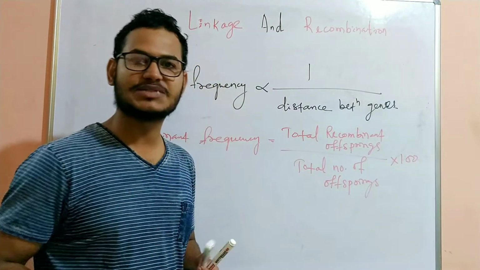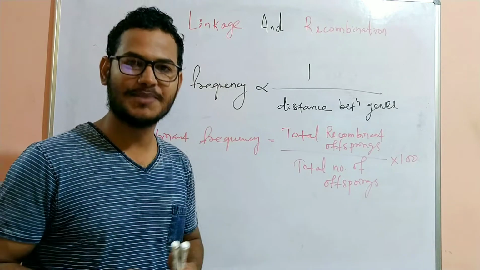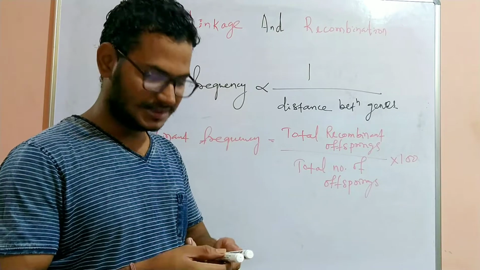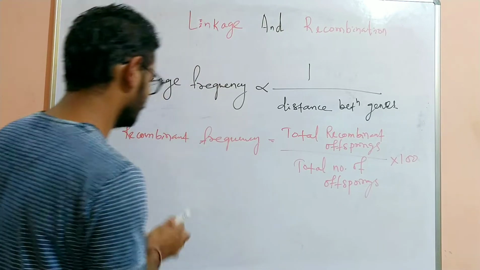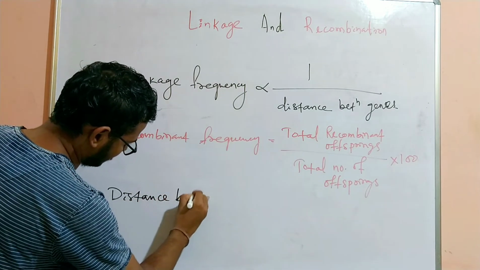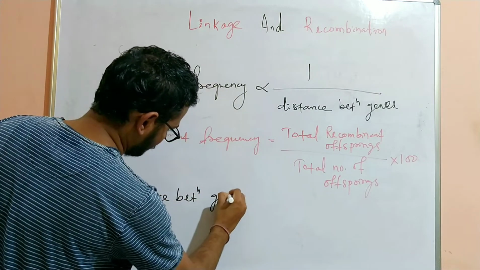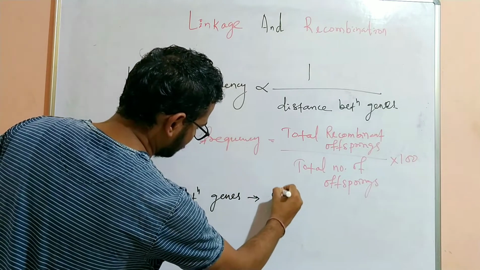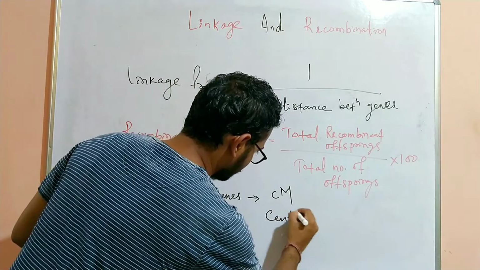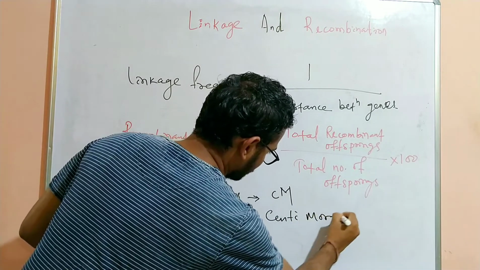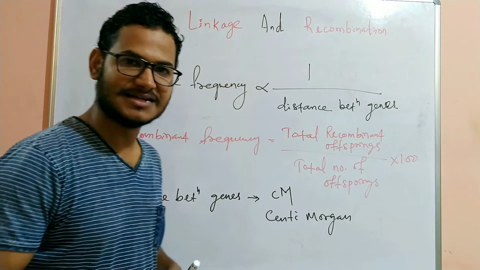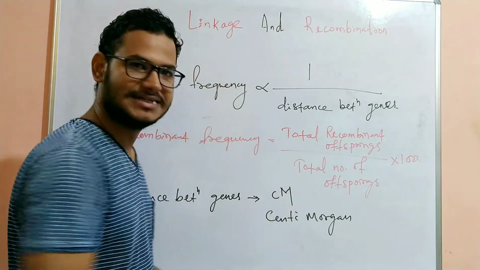Another point, distance between two genes is measured by centimorgan or cM. Distance between genes is measured by small c, capital M, which means centimorgan, named after the father of linkage, T.H. Morgan.